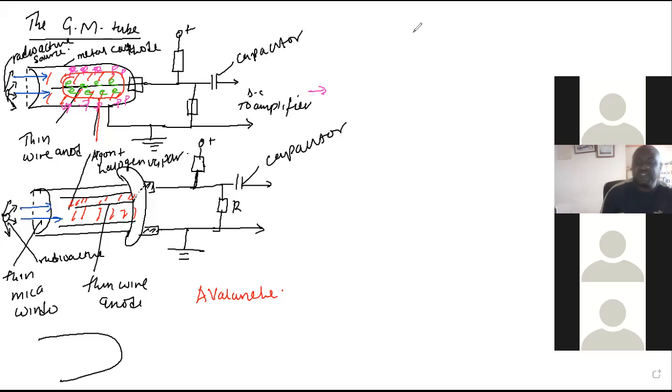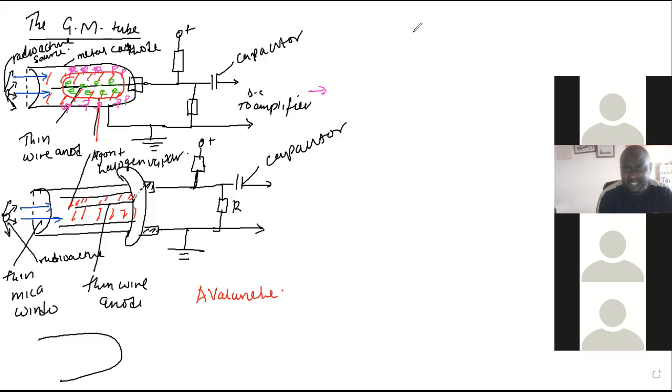Some of the uses of the GM tube, they can ask you to state the uses of the GM tube. One, we can use it to determine the half-life of a radioactive sample. In that case, they can ask you to explain how you can use a GM tube to determine the half-life of a radioactive sample.